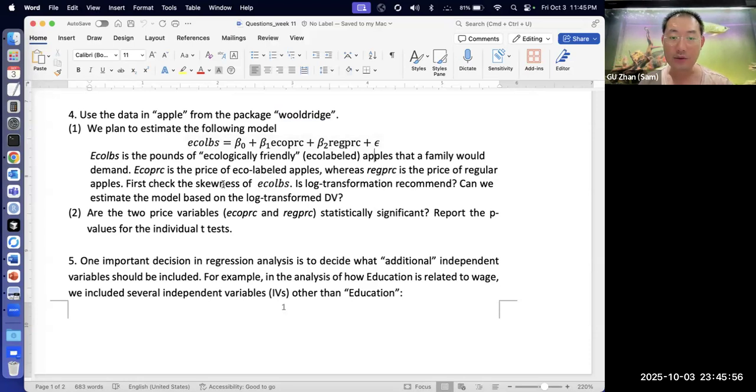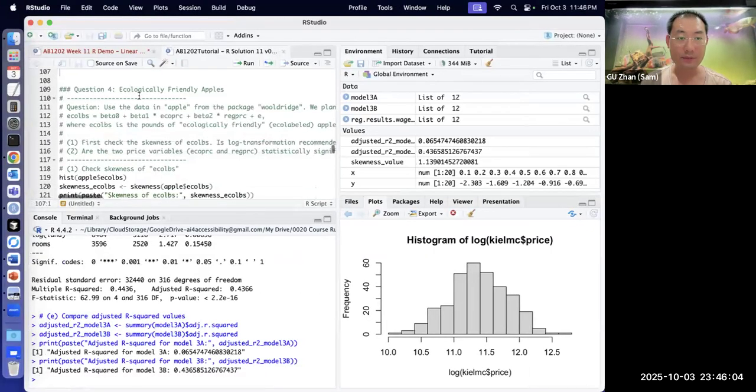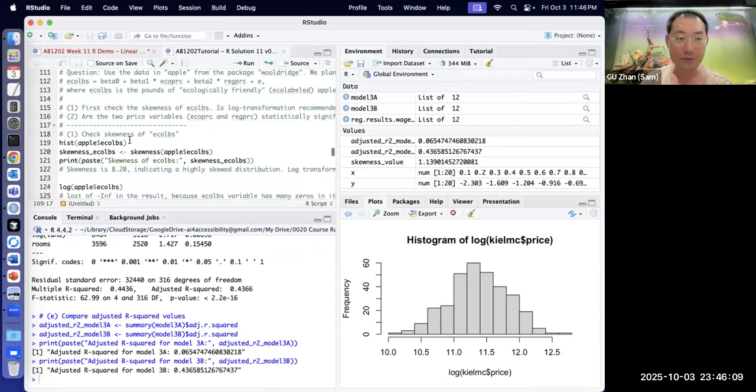First, check the skewness of eco pound, and then try a log transforming form. Let's look at these ecologically friendly apples. So check the skewness of eco pound.